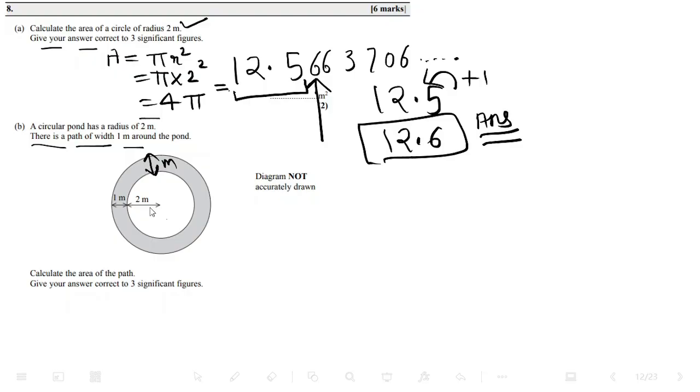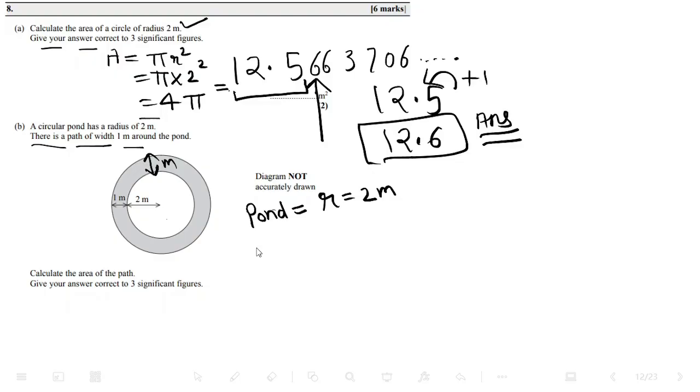Now see what is exactly happening. The pond is nothing but the inner circle, so its radius is equal to 2 meters, right? The path's width is already given as 1 meter.